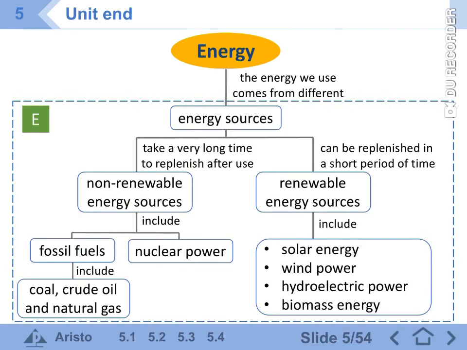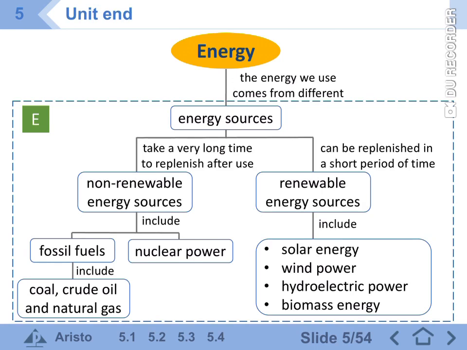Now we also talked about different types of energy sources, and we divide them into non-renewable and renewable. Under non-renewable resources, we have fossil fuel, which is a big one, and it contains coal, crude oil, natural gas, and I also mentioned methane hydrates, which is the solid form of methane.